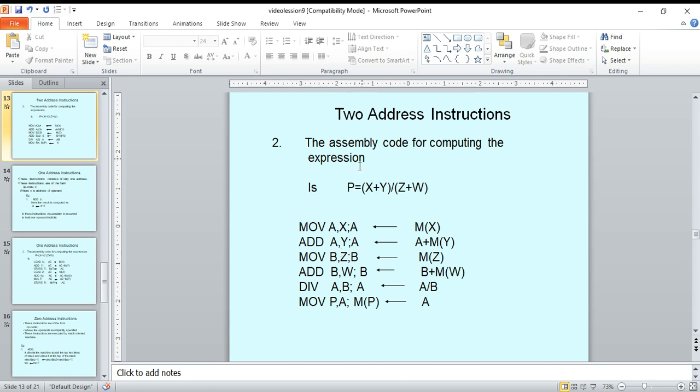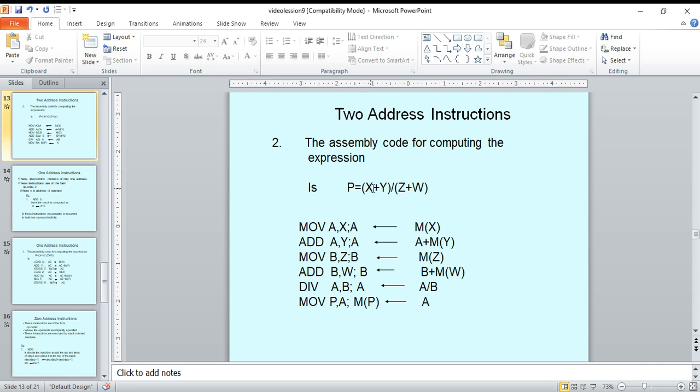Two address instruction example, same one. Here this is the expression: P equal to X plus Y by Z plus W. For this we have to write the two address instruction formats.